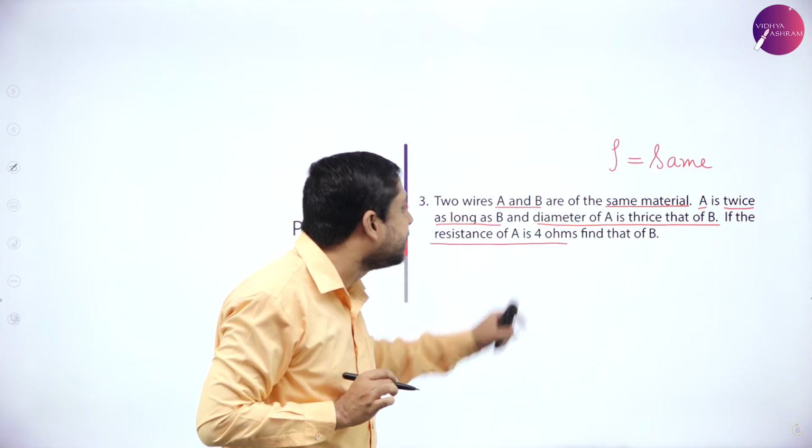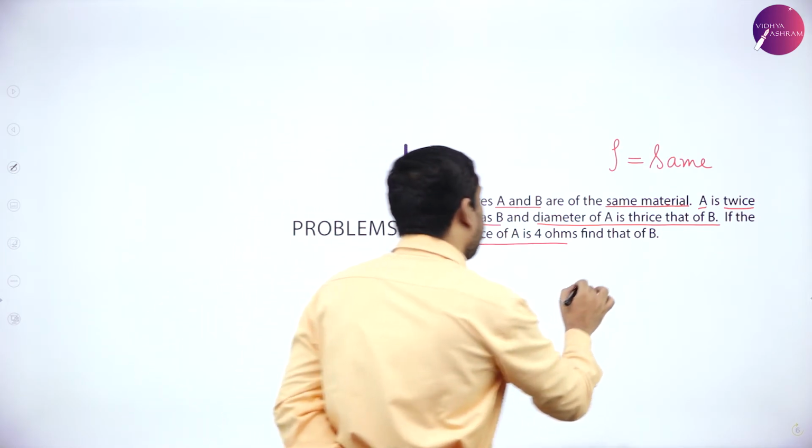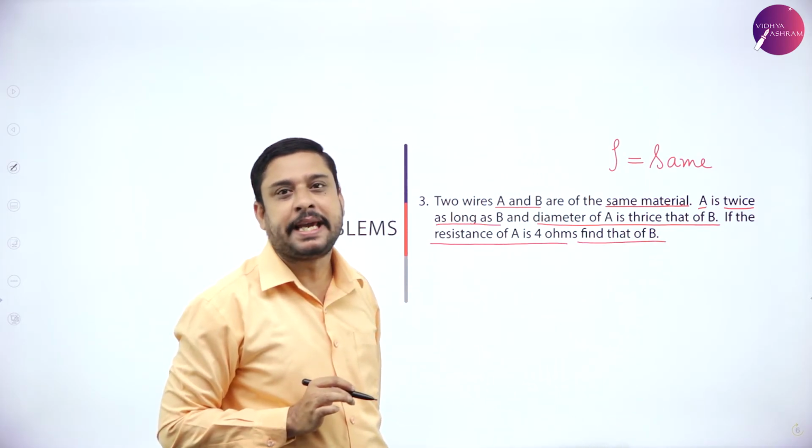A. Resistance of A is 4 ohms. I have to find the resistance of B.